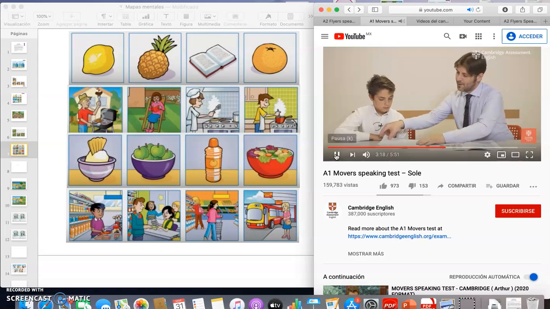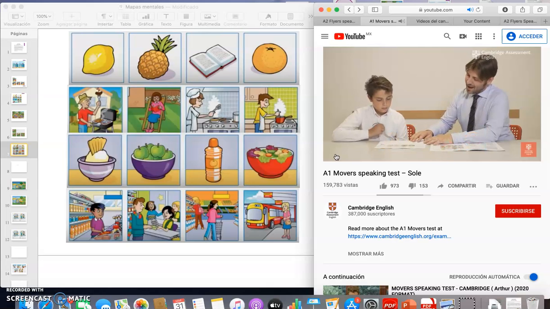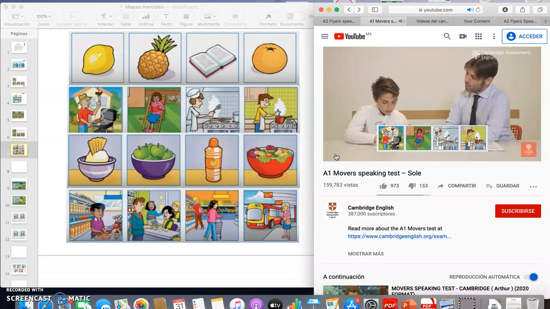Now, look at these 4 pictures. One is different. The book is different. A lemon, a pineapple, and an orange are fruit. You eat them. You don't eat a book. You read it. Now, you tell me about these pictures. Which one is different? The first, the third, and the fourth are cooking. Good.